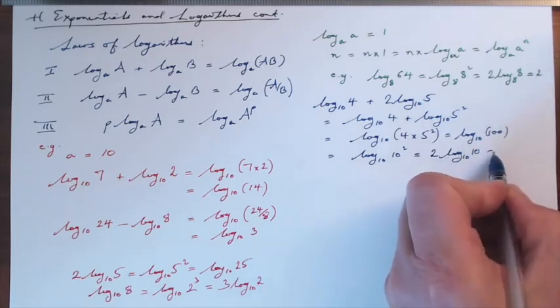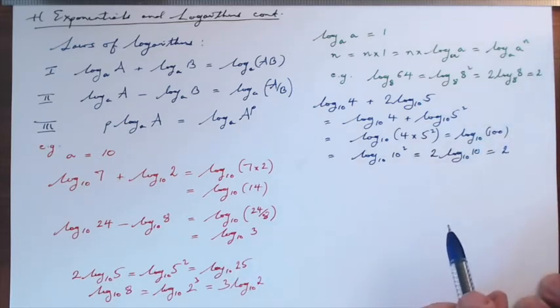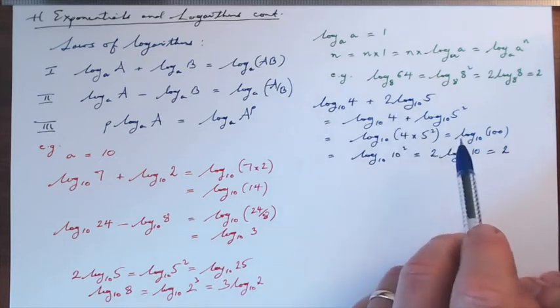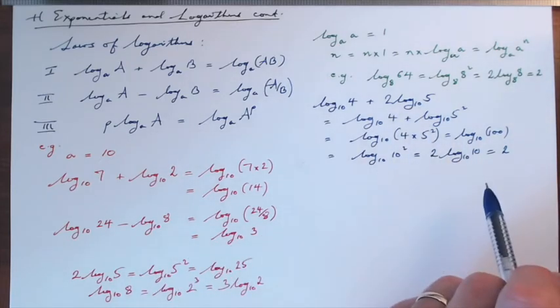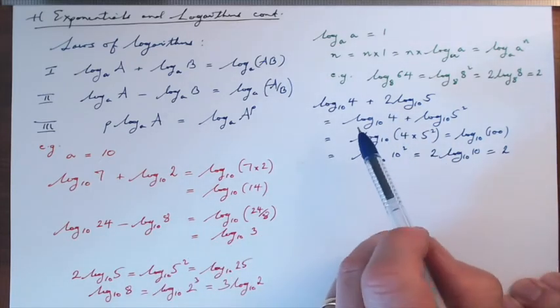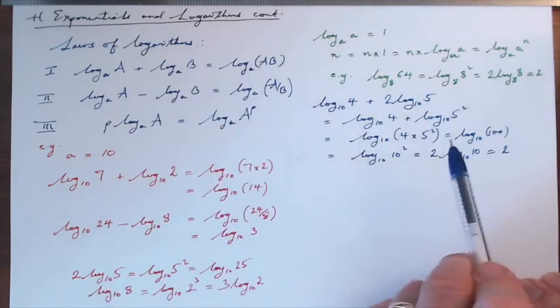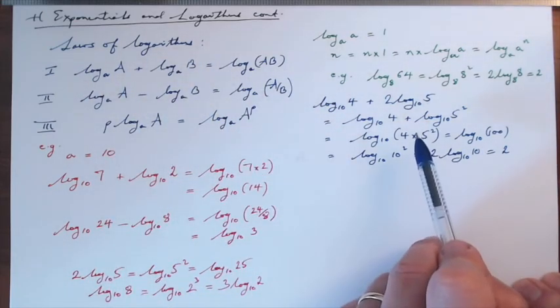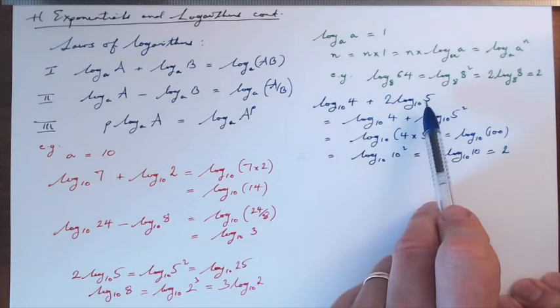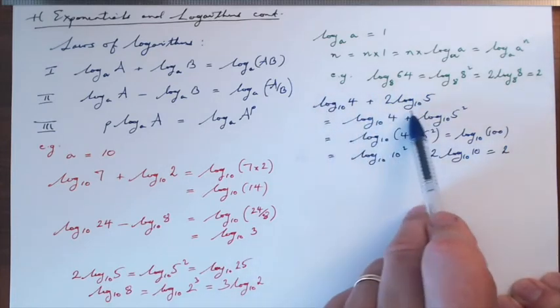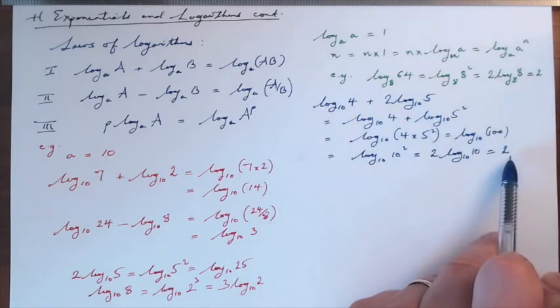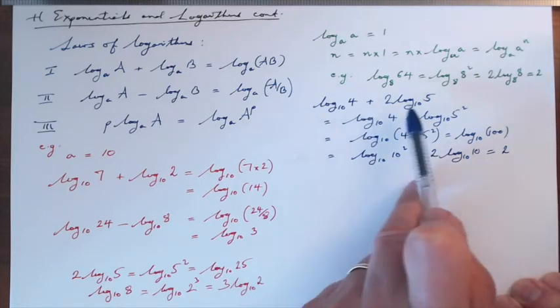That's just 1, and so finally we have the number 2. So this is quite a satisfying sort of game, really, that by playing around with these laws of logarithms, you can take quite complicated looking expressions and simplify them into something drastically simpler, in this case just an integer 2.